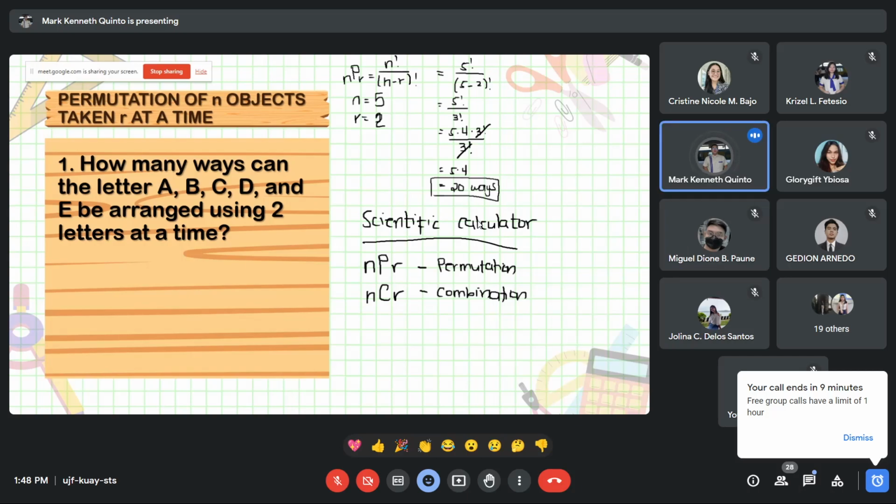Now, if you found the NPR, for our problem number 1, we can write it as the permutation of 5 objects taken 2 at a time.